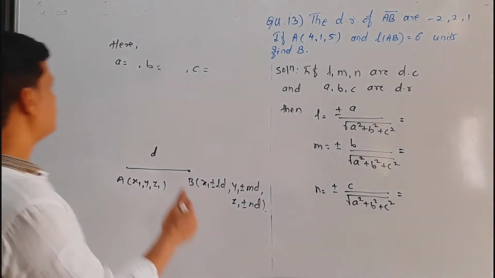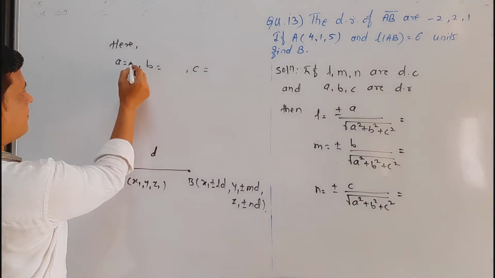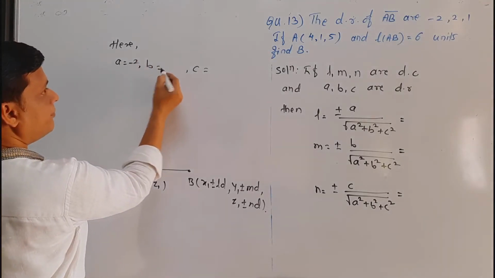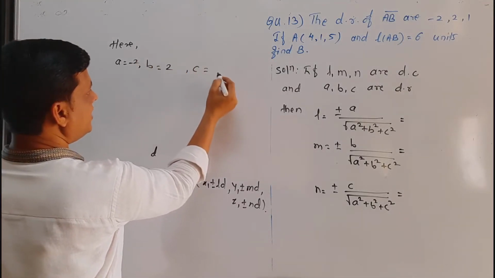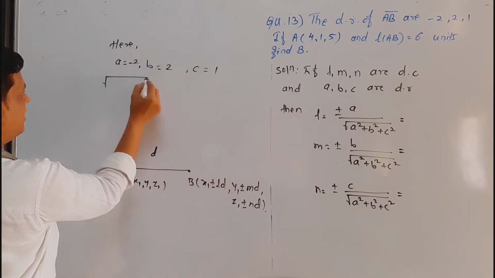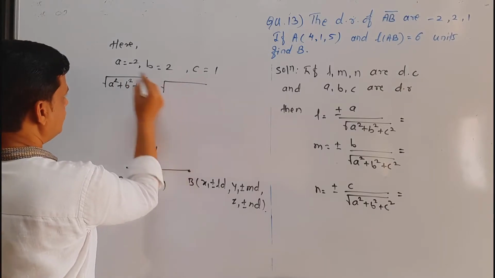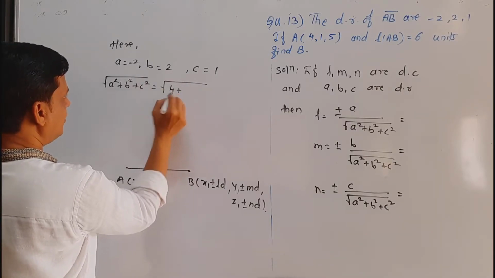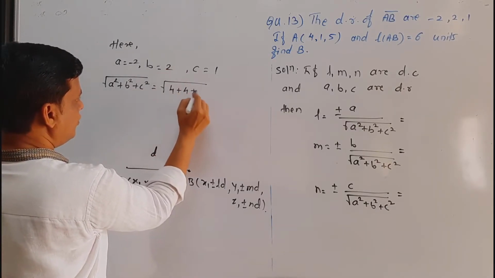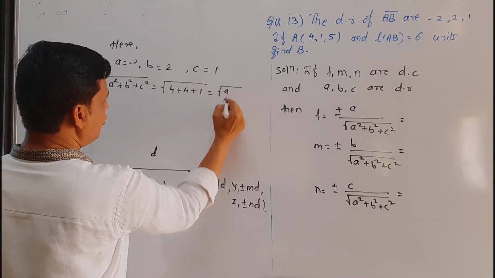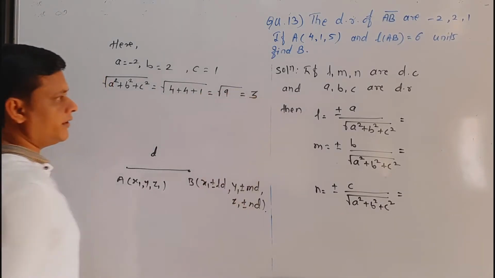Here a is equal to minus 2, b is equal to 2 and c is equal to 1. Minus 2 square is plus 4, 2 square is plus 4, 1 square is 1, so we get square root of 9, which is equal to 3.